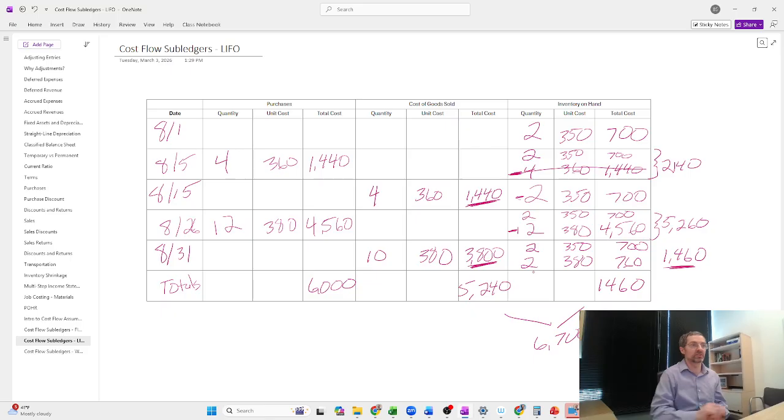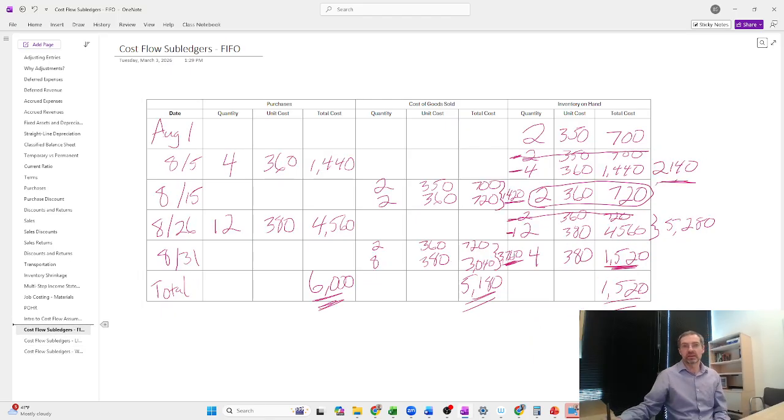Let's compare that to the total on FIFO. Hey, guess what? If you do the math, it's exactly the same, 6,700. So as long as your beginning inventory is the same between the two, which in this situation it was, the total of cost of goods sold and ending inventory should be the same as well.